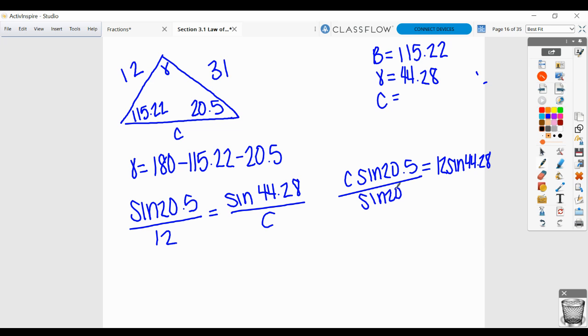Divide by sine 20.5. So 12 sine 44.28 divided by sine of 20.5. And you end up getting 23.92. So whenever you have side-side-angle triangles, if there is a second triangle, you have to solve it.